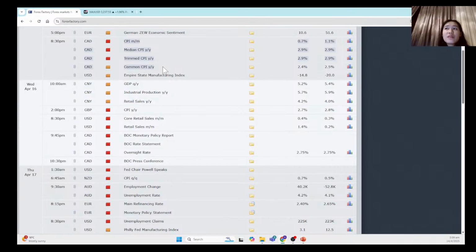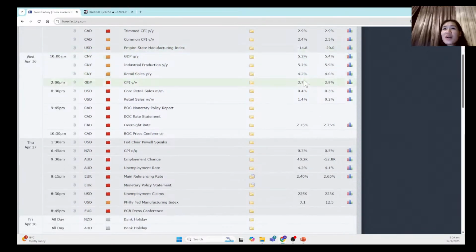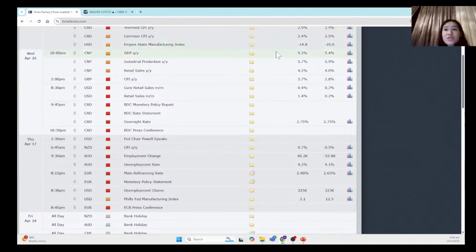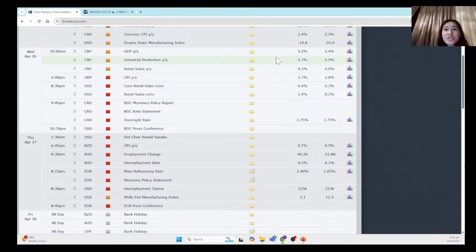So all these are inflationary data. So it's pretty high impact on our Canadian markets. We also have US Empire State Manufacturing Index, China's GDP, industrial production, and retail sales data.